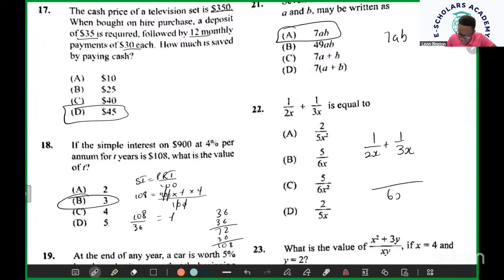LCM of x and x is x. So 6x divided by 2x would be 3. Multiply that answer there. So 3 plus 6x divided by 3x is 2. Multiply that answer there. This is equal to 5 over 6x, which is B.